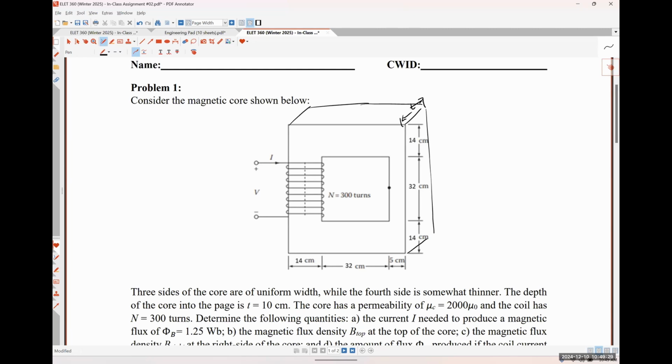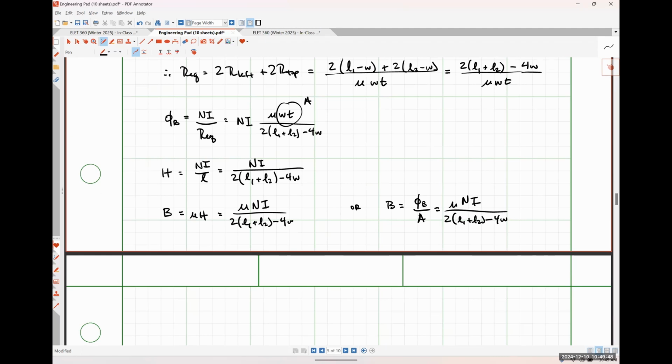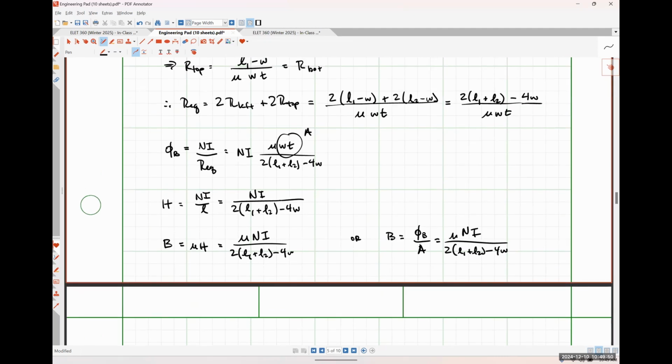We're told that our core permeability is 2,000 times the permeability of free space, and our coil has N equals 300 turns. Okay. So our goal here for part A is to determine the current needed to produce a specific magnetic flux of phi B equals 1.25 Webers. So let's look back at things really quickly. Our goal is to figure out flux.